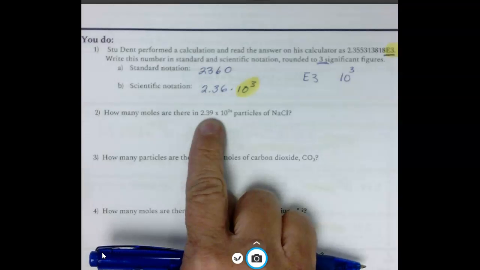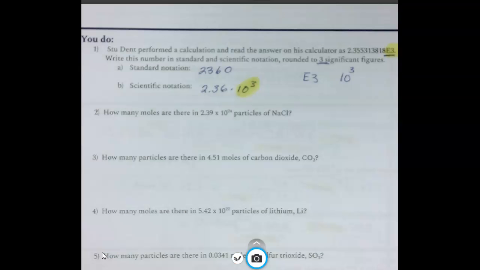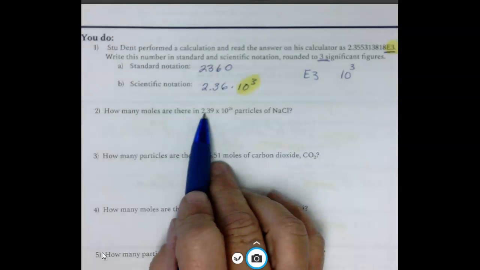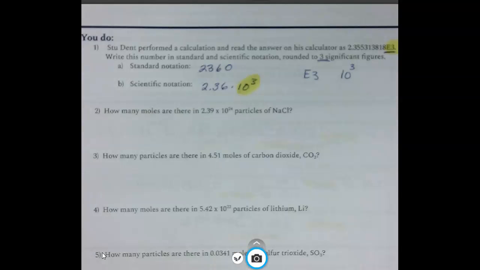So instead of saying I have 36 eggs, it's easier to say I have 3 dozen. And that's what this is, because this value is so big, you don't want to have to read off 2.39 times 10 to the 24th every time, when it's easier to just say I have 1.5 moles or 1.3 moles or 2.5 moles. A lot easier to do that. Again, so that's all we're doing.